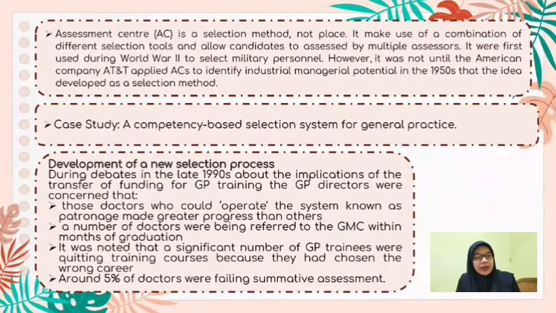Since this time, assessment centers have become widely used as a tool for recruitment and selection. Recent survey data indicates that the use of ACs is increasing more rapidly than any other selection method in the UK, with 65% of organizations employing more than 1,000 people reporting using the AC method.